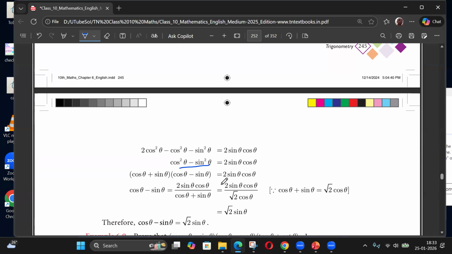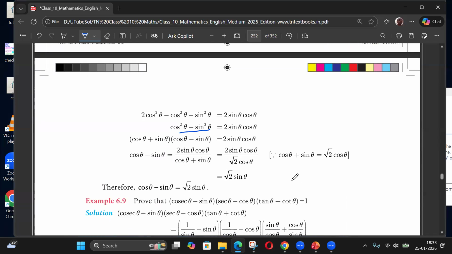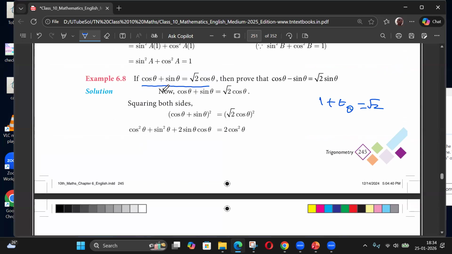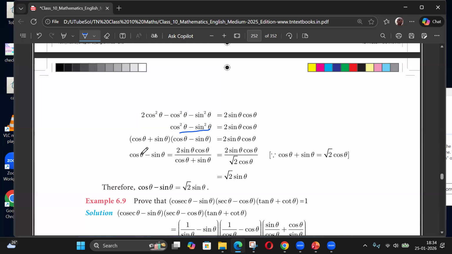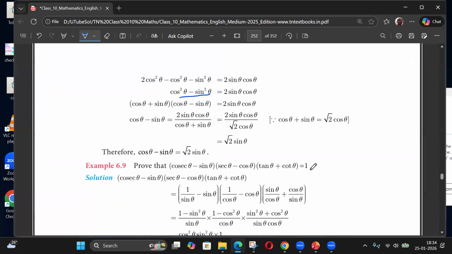Cos theta plus sine theta is root 2 cos. That's where we started, no? We'll use that itself.